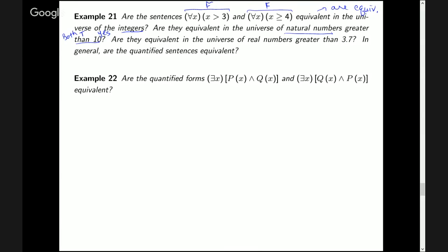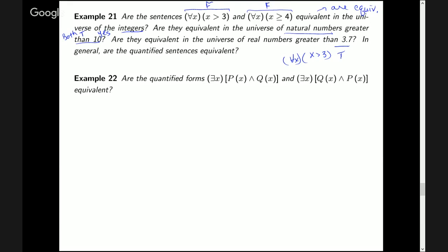Are they equivalent in the universe of real numbers bigger than 3.7? No. For real numbers bigger than 3.7, the first one, x greater than 3, is true.